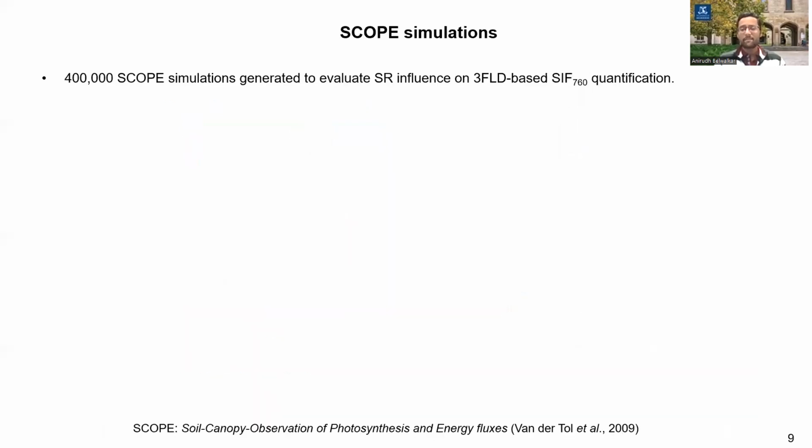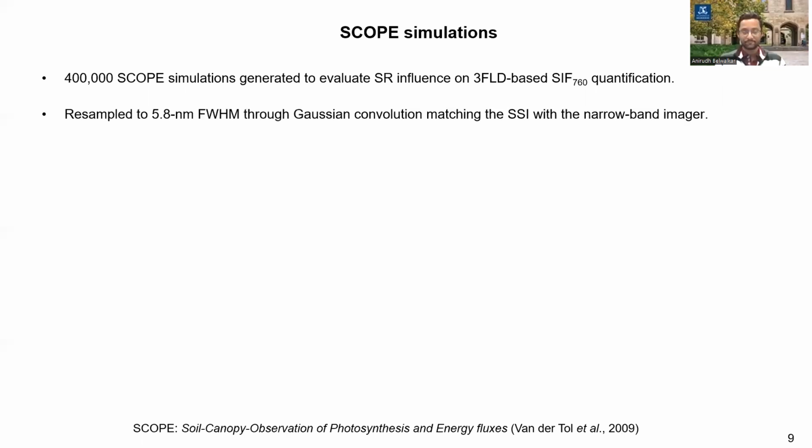Apart from these experiments, a simulation study was also conducted using the SCOPE model to evaluate the influence of spectral resolution on 3FLD based SIF quantification. A total of 400,000 SCOPE simulations were generated, and the input parameter ranges for these simulations were set using existing literature and the leaf level measurements taken at field site 1.